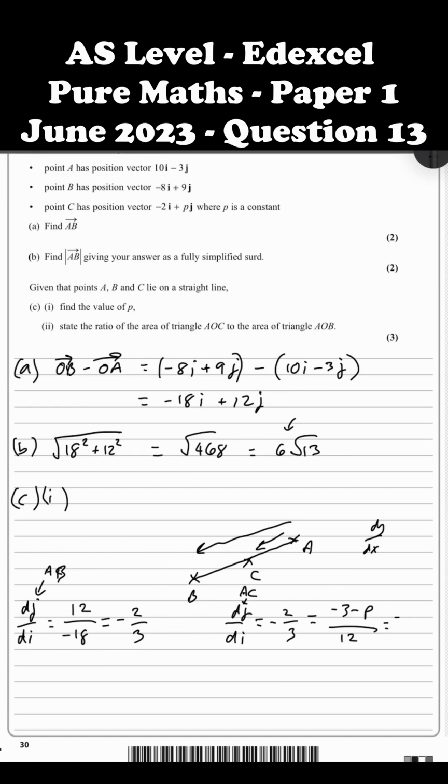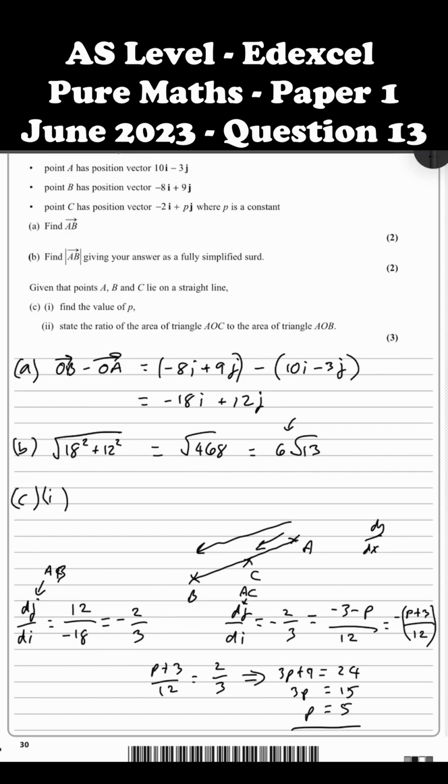Take the minus outside and I get minus (p plus 3) over 12 equals minus 2/3. So that means (p plus 3) over 12 equals 2/3. Therefore, multiplying up, we get 3p plus 9 equals 24. So 3p equals 15. Therefore, p equals 5.